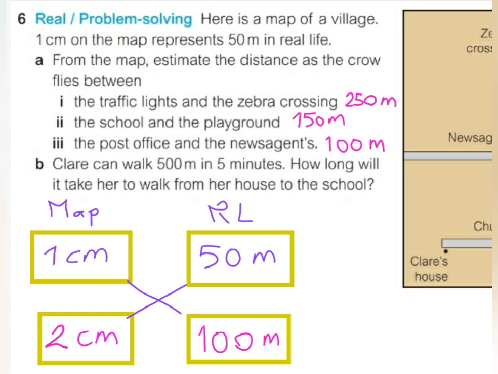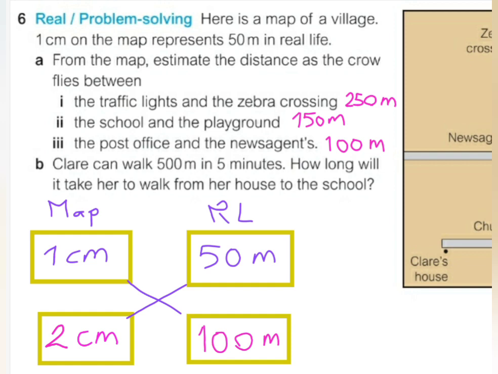Now, same idea with question B, I can use the X method. First let's read the question. Claire can walk 500 meters in 5 minutes. How long will it take her to walk from her house to the school?